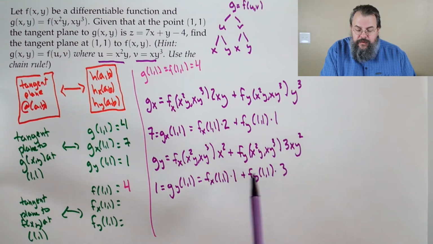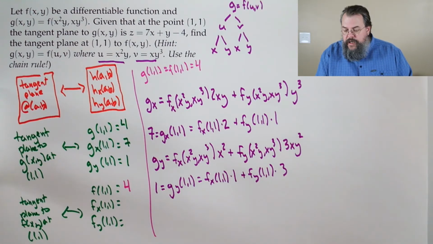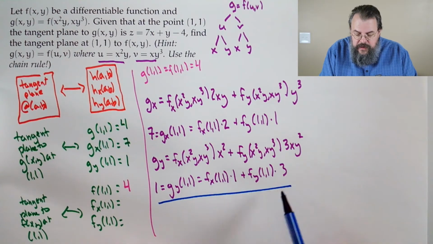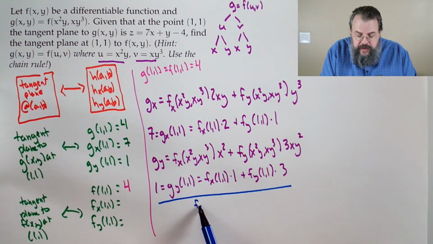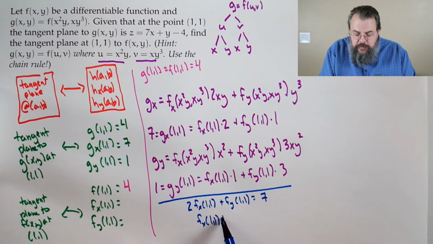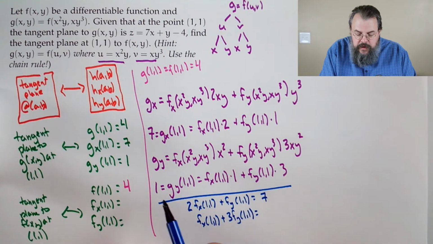We'll write them down one more time: f sub x at (1,1) times 2 plus f sub y at (1,1) has to equal 7, and f sub x at (1,1) plus 3 f sub y at (1,1) has to equal 1.